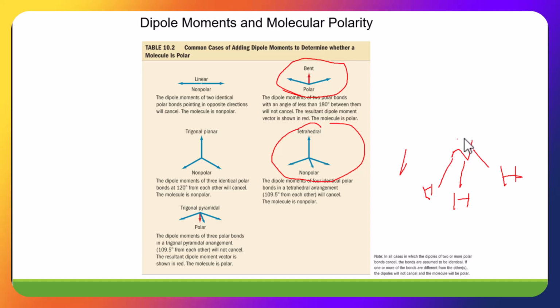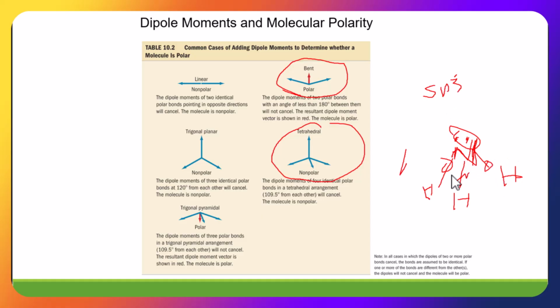Remember, there's a non-bonding pair of electrons up here on the nitrogen. Now, this is a tetrahedral electron pair geometry. You have 1, 2, 3, and 4 things around the central atom. It's sp3 hybridized. It is a tetrahedral molecule, okay?